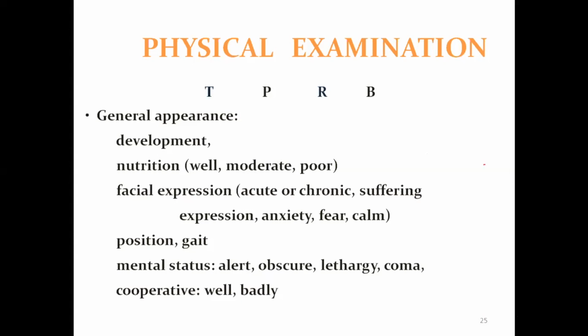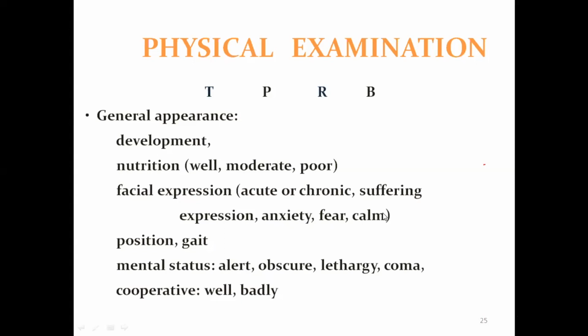So how will we check the metabolic rate? We have never checked metabolic rate before. Anyway, we cannot see the metabolic rate, but just from these things you can judge. And then facial expression: acute or chronic suffering expression, anxiety, fear, calm.